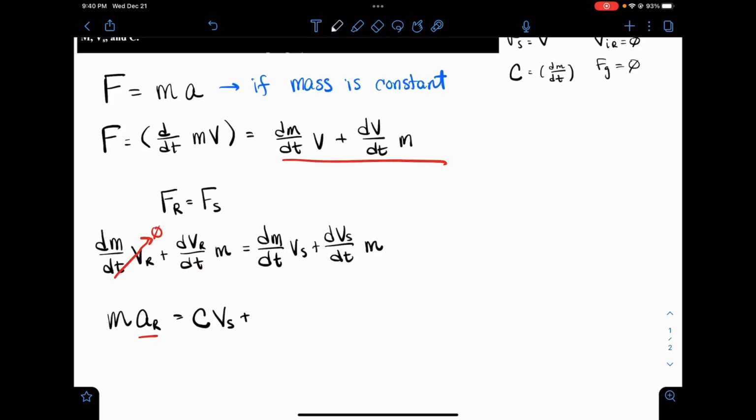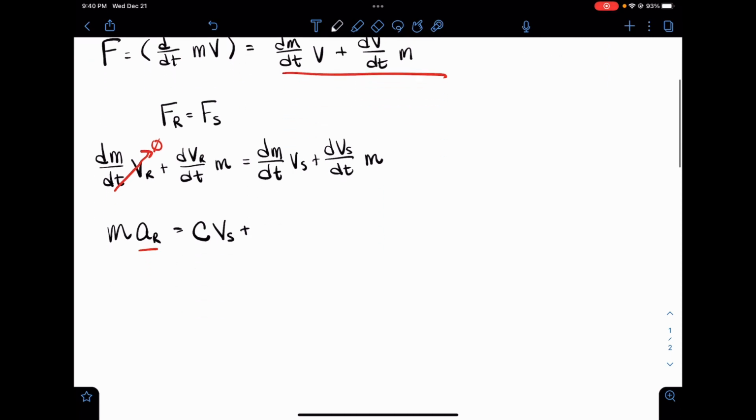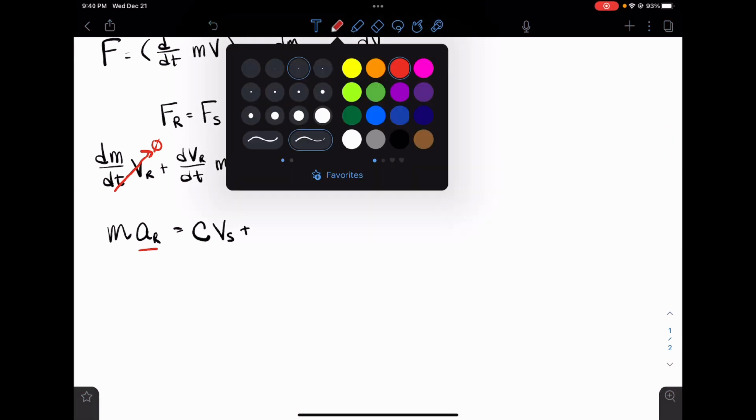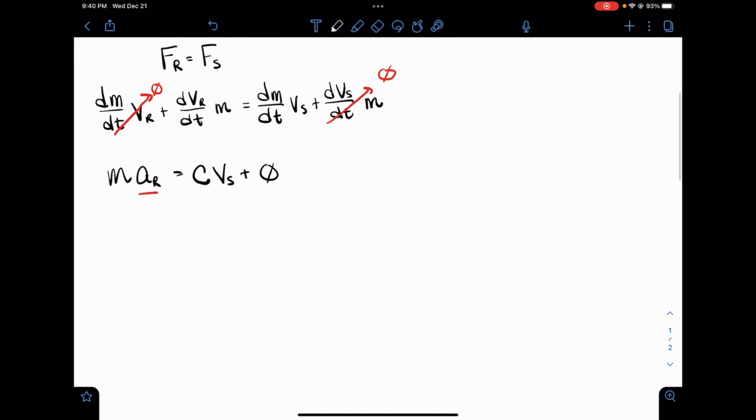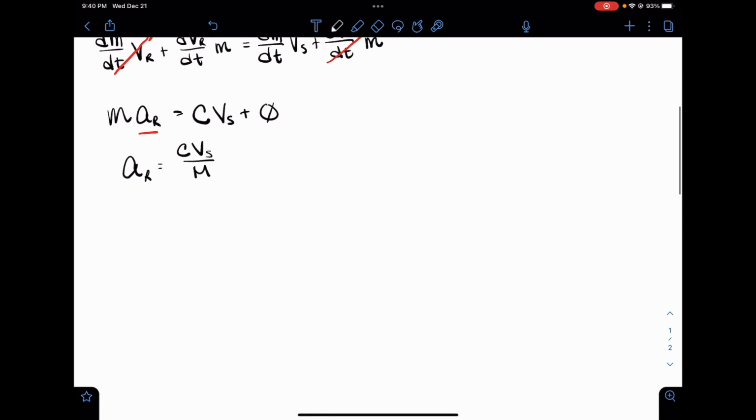That is 0 because we're given a constant speed. So there is actually no acceleration of the steam itself. So that goes to 0. So we just get left with this equation. We can very quickly simplify the acceleration of the rocket, which is what we're looking for, and it is equal to C v_s over the mass of the rocket. And that's your final answer.